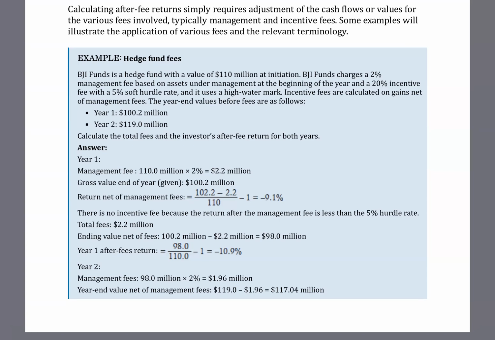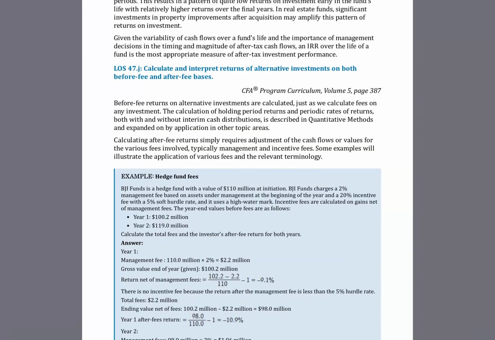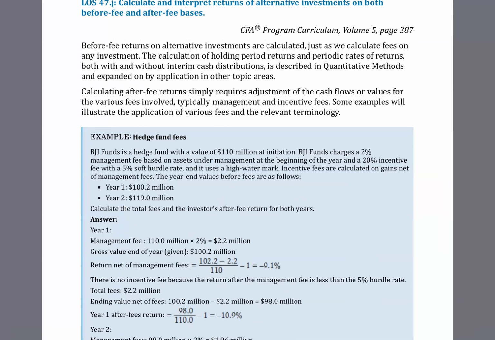Okay, so what we are saying is that if I take the return net of management fee, I'm trying to figure out where they got the 9.1 because it should be 10.9 thereabouts. Just a moment. Management fee is 2% of 110, which is 2.2.